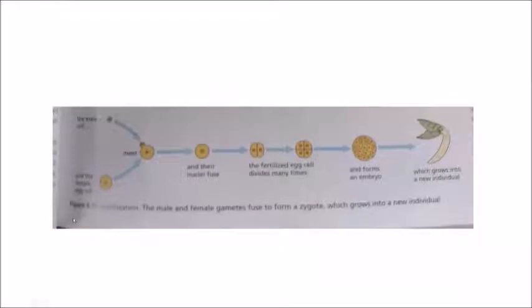So to recap what I said so far, the male cell and the female egg cell are going to fuse with one another. Their nuclei are going to fuse. This is going to become a zygote now, and that's going to continually divide and grow and develop until it becomes an embryo. Okay, so in this early stage, you just have the plumule here, which we call the young shoot, and we have the radicle, which we call the young root.